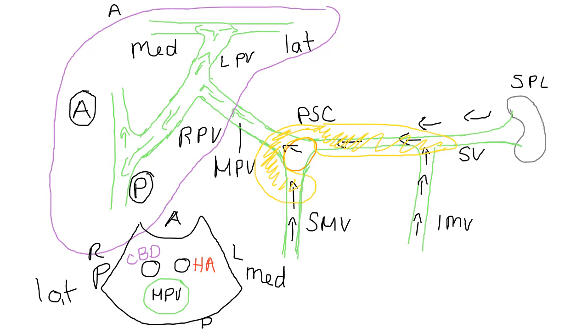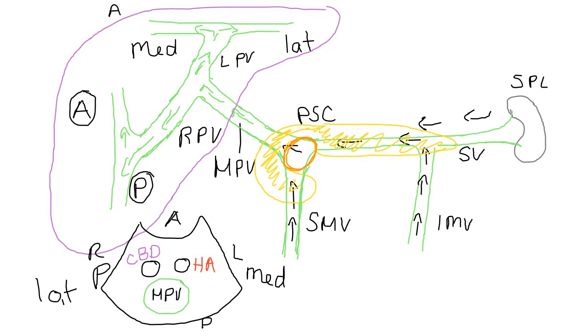So again, we're just going to do a little bit of cleaning up. If you're looking at this, the splenic vein lies posterior, or behind, a good majority of the pancreas, mostly the tail and the body, because right around the area of the neck is where the portal splenic confluence occurs.